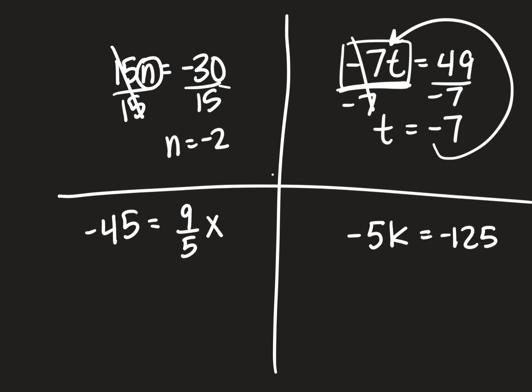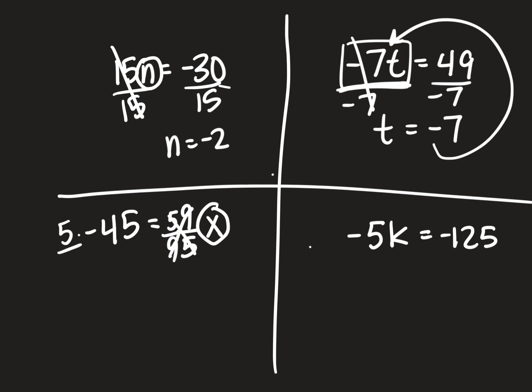On the next example, it's similar to one I showed on the previous slide, where in order to isolate the x, we're going to divide by 9/5. But when we divide by 9/5, we're actually multiplying by the reciprocal, which is 5/9. So I'm going to multiply by 5 over 9 so I can cancel those out.